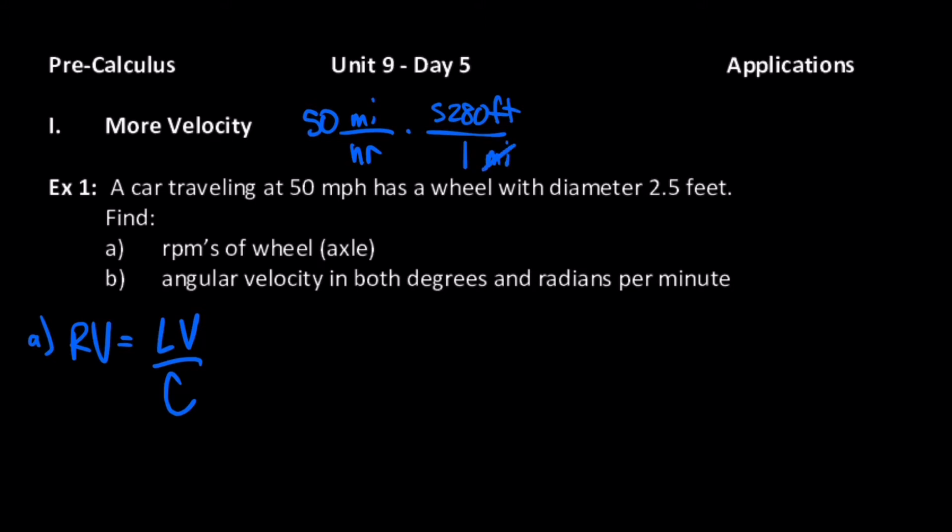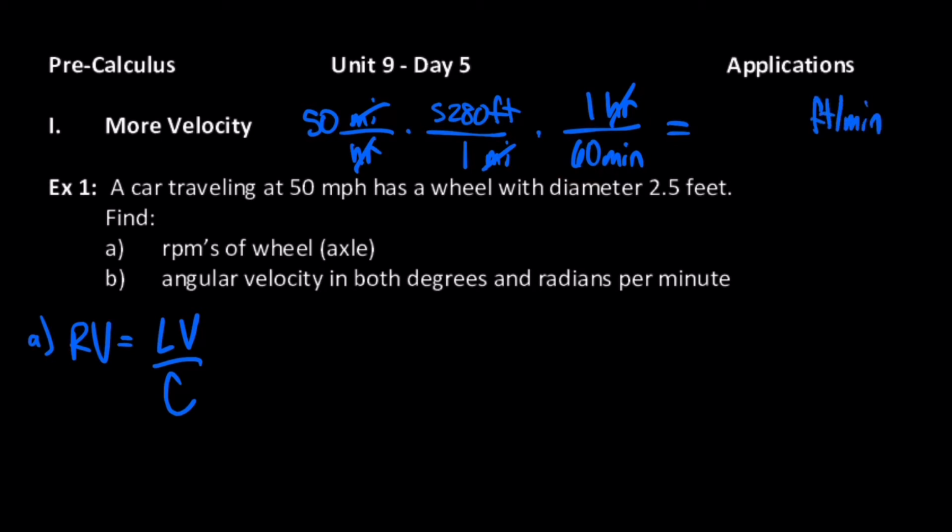So now our miles will cancel. And we've got 1 hour, 60 minutes. So now hours will cancel. If we multiply 50 times 5,280 and divide that by 60, I will now have something that's in feet per minute.